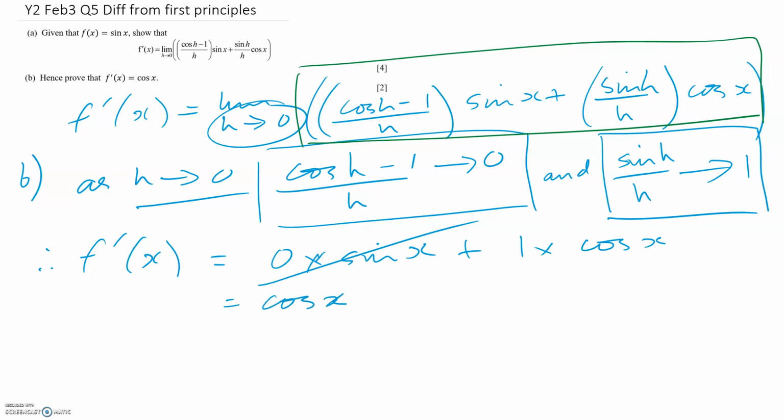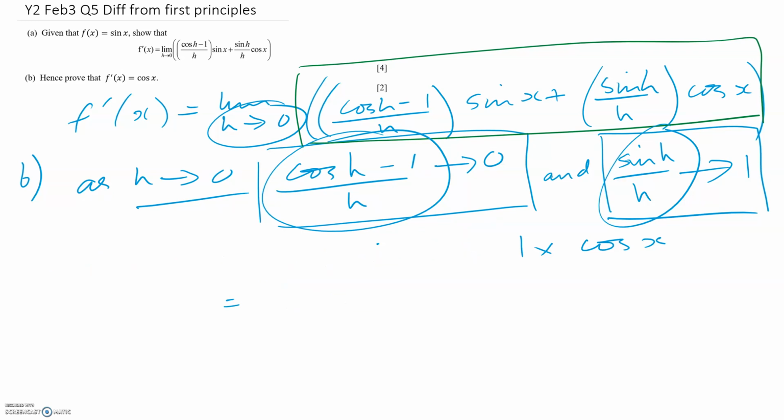I think that would be enough to get the 2 marks, but you might be interested to understand why this tends towards 0 as h tends towards 0, and why this tends towards 1 as h tends towards 0. I think the easiest way of explaining that is to look at the small angle approximations. So if I just get rid of this, so that was the answer.